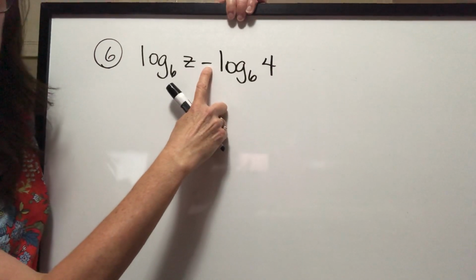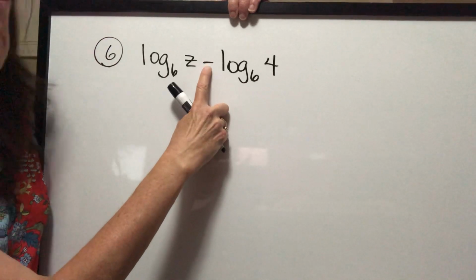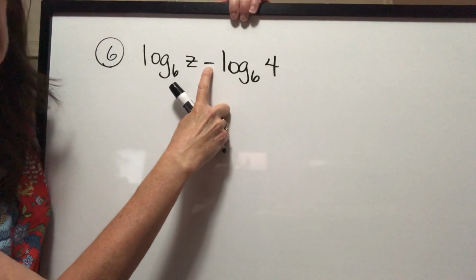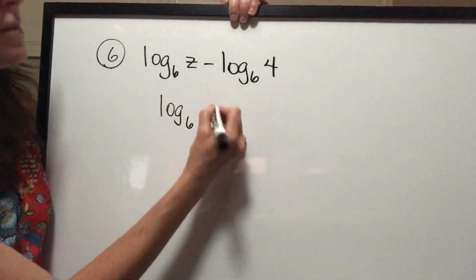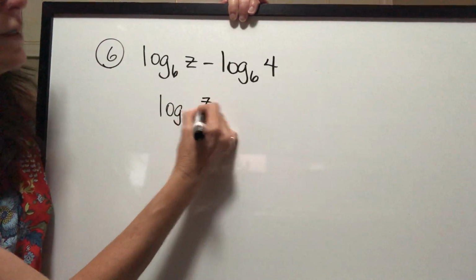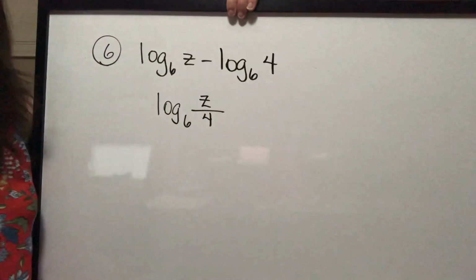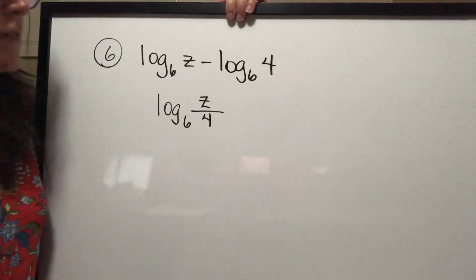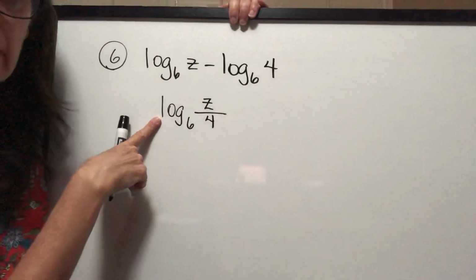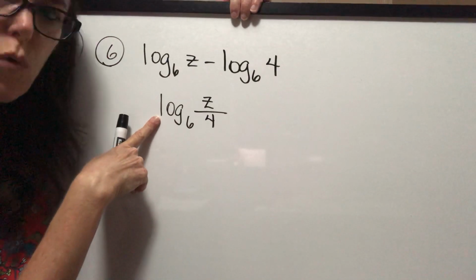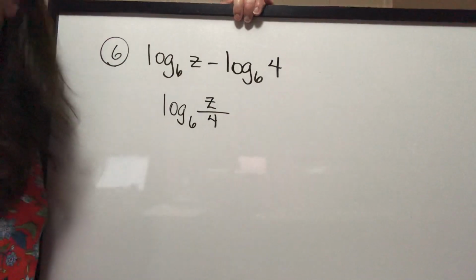If you look at the rules in reverse, the one with subtraction between the 2 logs is division. So you would write it as a single log with a base of 6, and you would have the number z divided by the number 4. And that would be it, log base 6 of z over 4. So we took 2 logs and changed them into 1, and all we were doing is following the quotient property of logs.